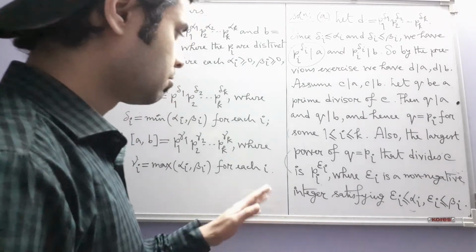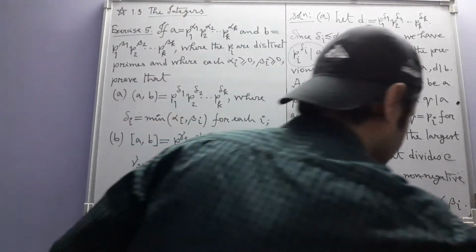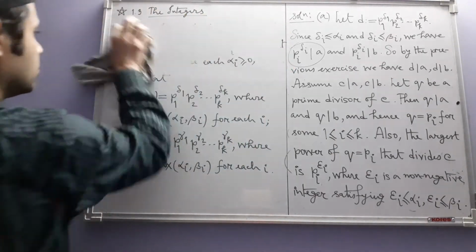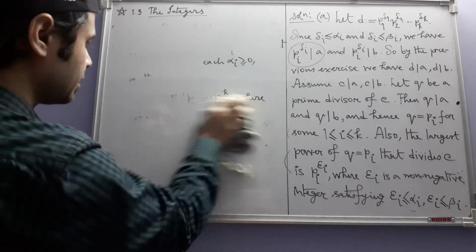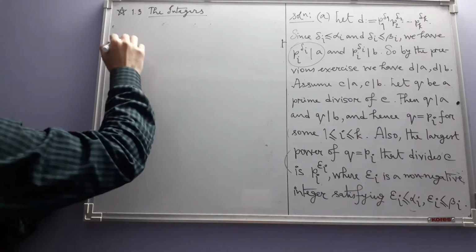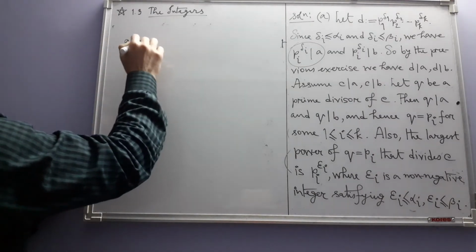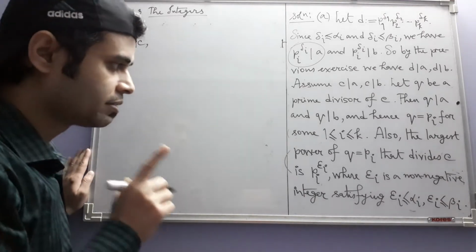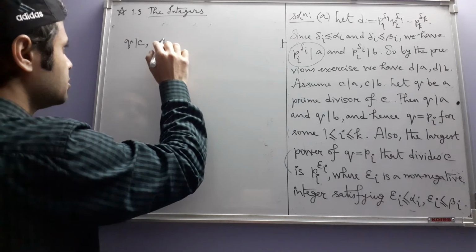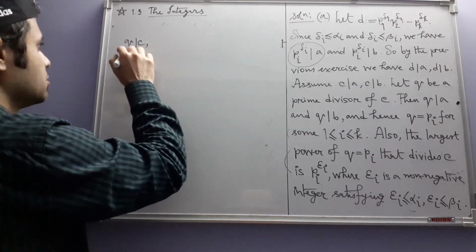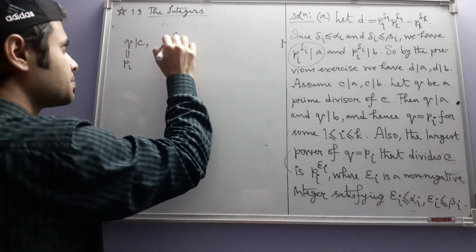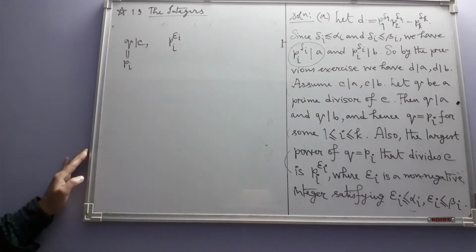Okay, so what have we said here? Let me just wipe this part and then continue. Here we are saying that if Q is a prime divisor of C, then there is a largest power of Q that divides C, and that largest power is, because Q is after all Pi, Pi to the power epsilon I, where epsilon I is some non-negative integer.